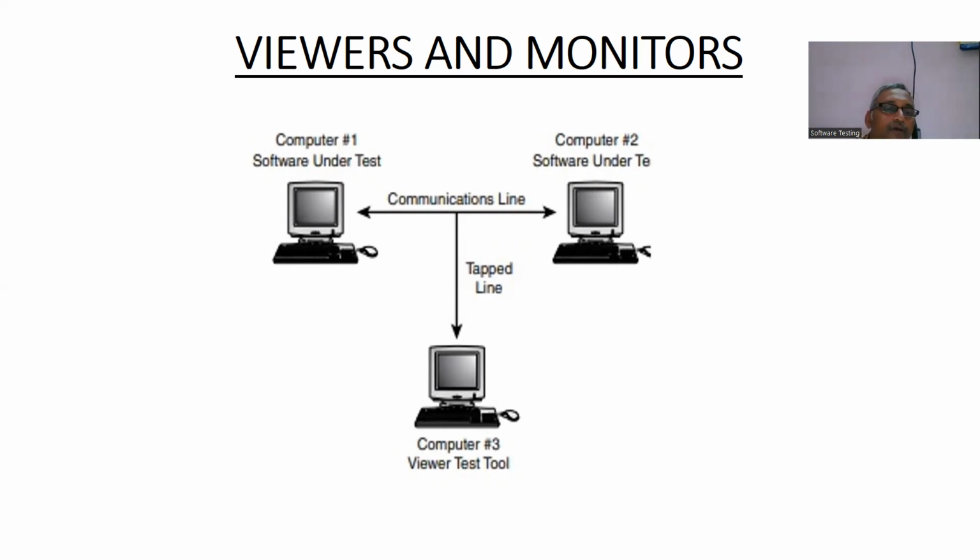In this example, we would enter a test case on computer 1, confirm that the resulting communication data is correct on computer 3, and check that the appropriate results occur on computer 2.